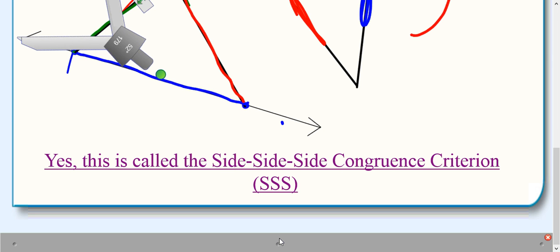We're just going to abbreviate it SSS, side. So when all 3 sides are set, the triangles have to be congruent. So if all 3 sides are congruent to the other 3 sides, no matter what, there's a series of rigid motions, reflections, rotations, translations that will make it match up.